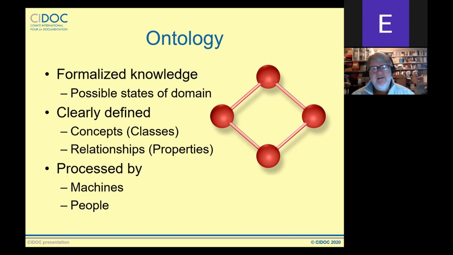And the idea is that the results can be processed both by machines, our favorite computer, or they can be processed by people. So we want it to be readable by humans. It shouldn't be something that's so arcane that only computers can understand it.